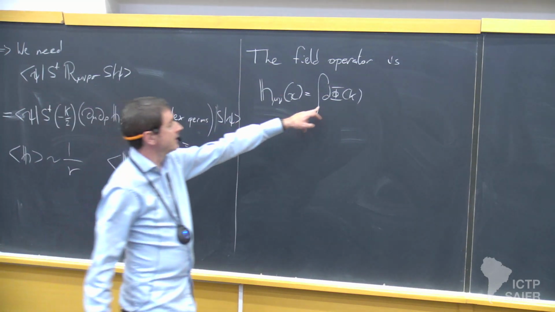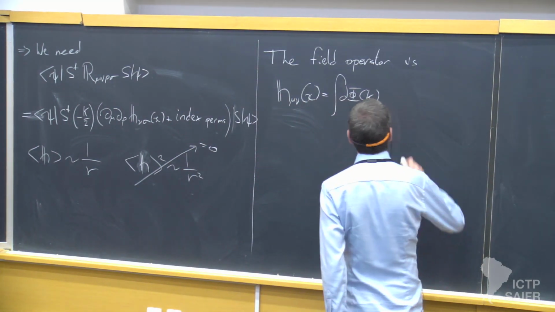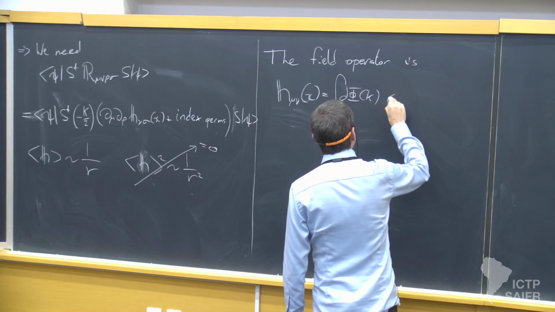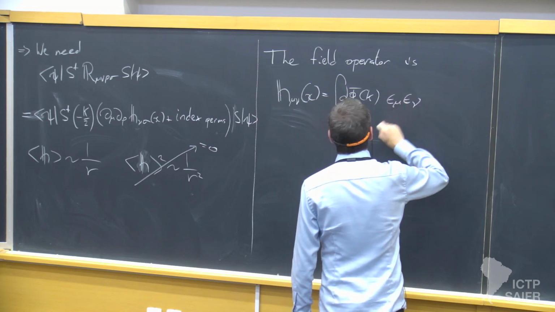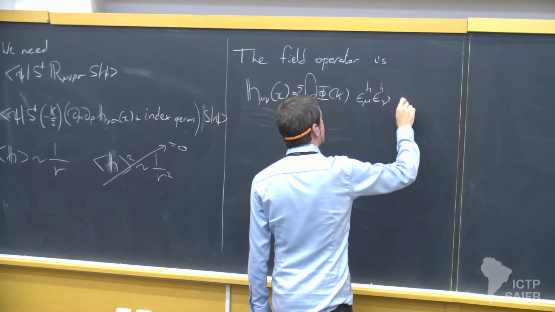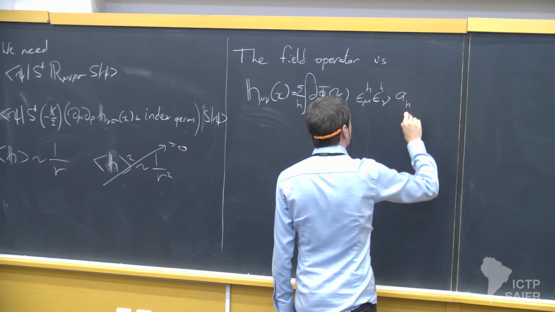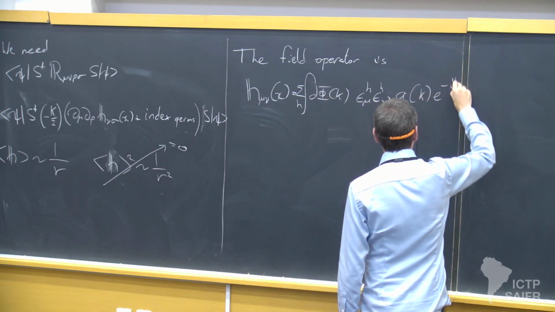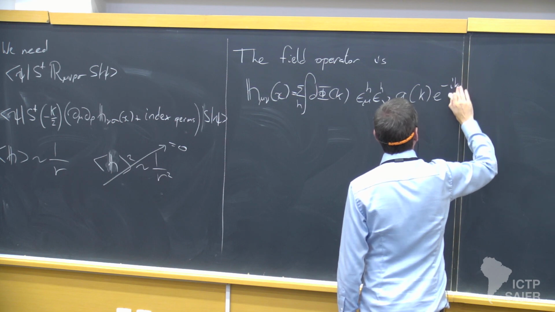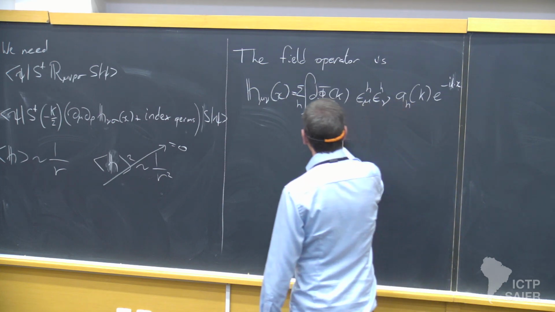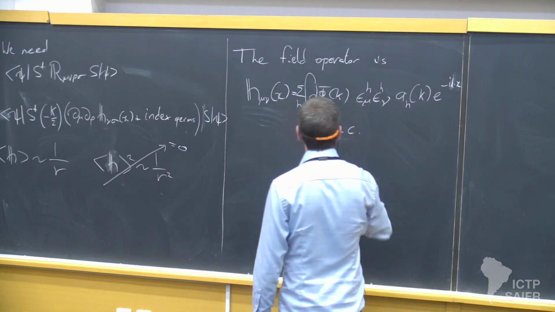So this is just that on-shell momentum space integral again. There's a term with the polarization. I should really have a sum over helicities here. Polarization vectors. There's an annihilation operator for a graviton of momentum k, and e to the minus i k dot x. And then another term which is just the Hermitian conjugate.